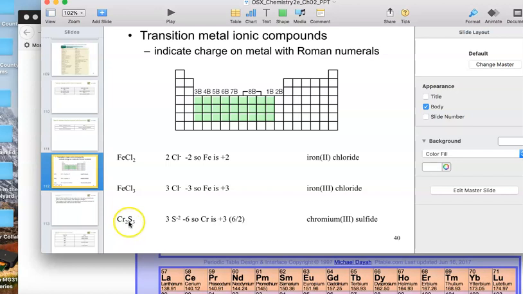And so we had to figure out the charge per atom. So we knew that chromium had to be +6 because sulfur was -6. But because there's 2 chromium atoms, 6 divided by 2 is +3. So the charge on each chromium atom is +3, so that's why it's chromium 3. Okay, it's not chromium 6 sulfide, it's chromium 3 sulfide.